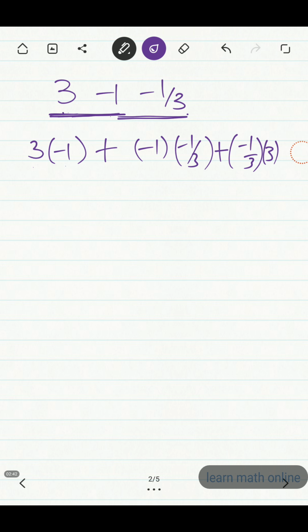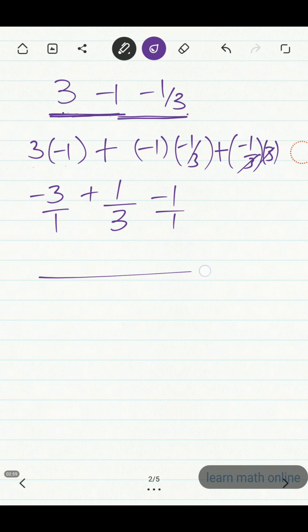Now 3 into minus 1 will give us minus 3, plus minus 1 into minus 1 will give us plus, so this will be plus 1 by 3, and this 3 will get cancelled, we'll have only minus 1 there. Now if you simplify that, it will be equal to 3 divided by 1, which gives us 3, and that 3 should be multiplied by minus 3.